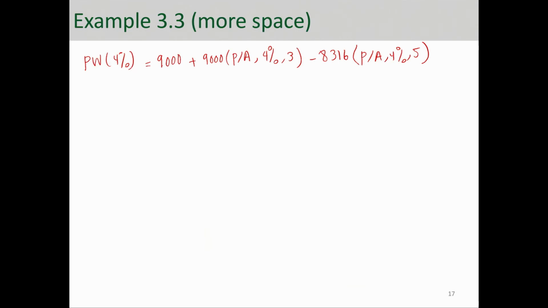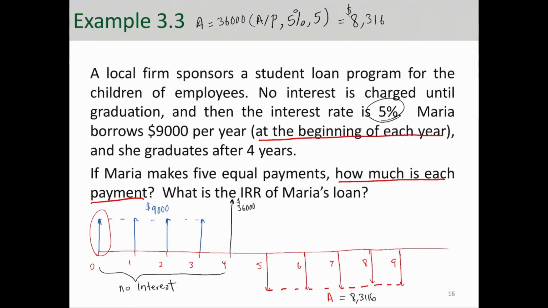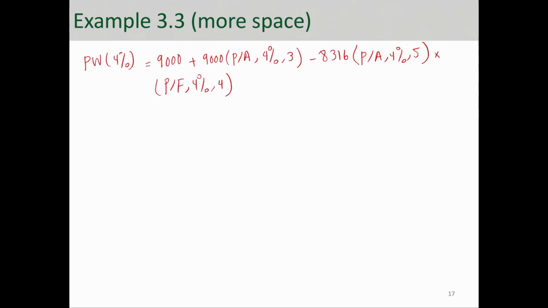Then you would have to multiply it by another factor, and that is P given F, 4% in 4 years, right? Because from here to here, it's 4 years. And that is equal to $2,330.05. You can do the same with present worth at 2%.